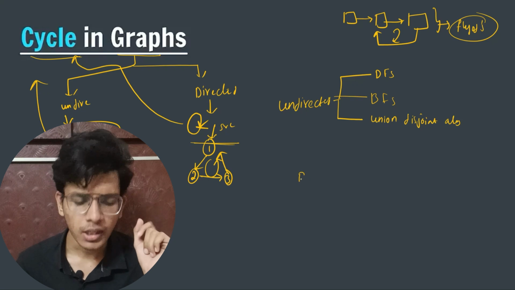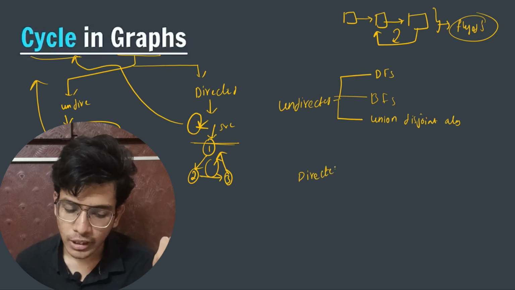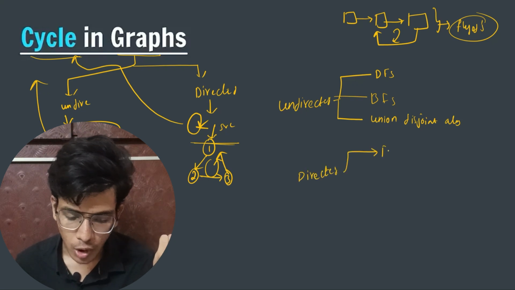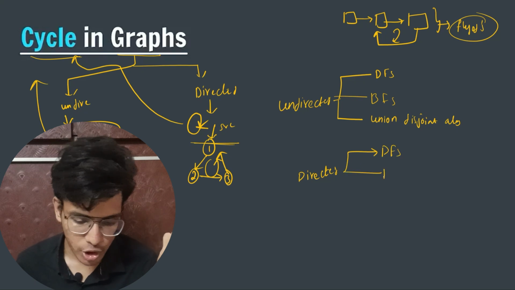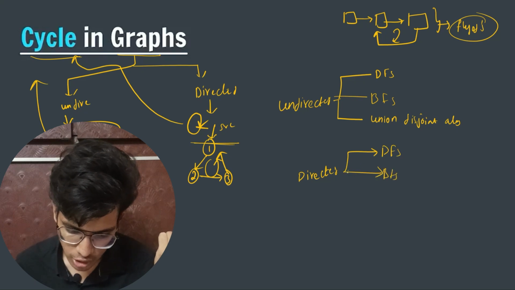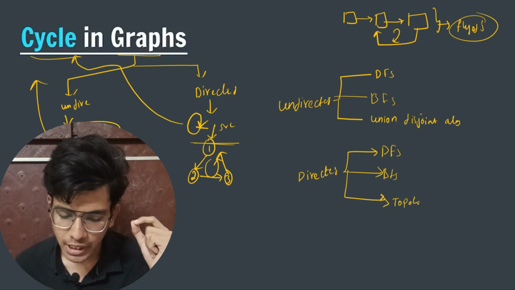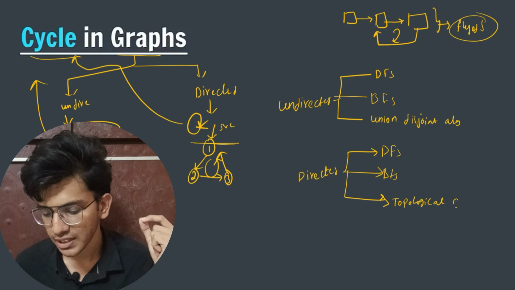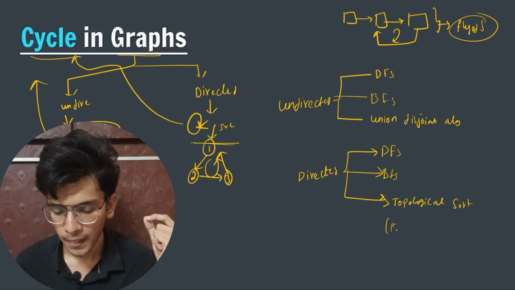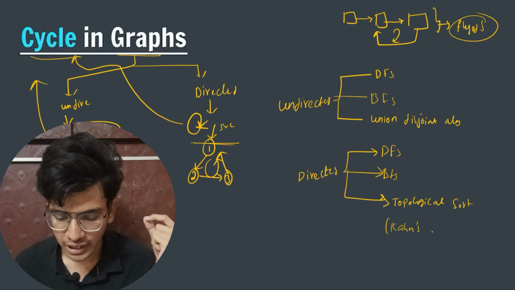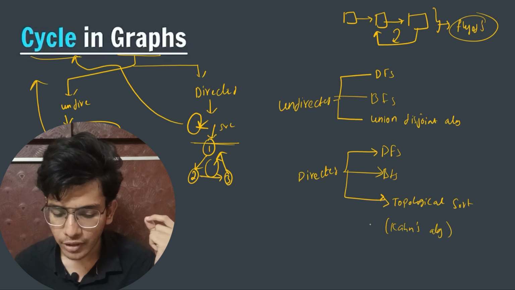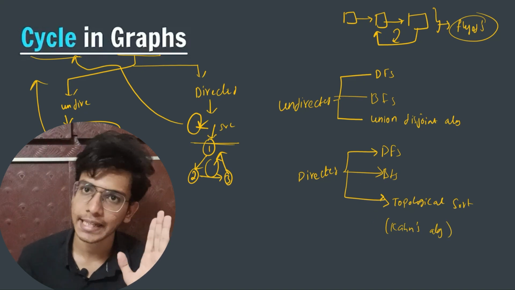Okay, and for a directed graph, to detect whether a cycle exists or not, we use depth first search, breadth first search, and there is an algorithm called topological sort, which is basically Kahn's algorithm, right? So by using Kahn's algorithm, we can detect whether a cycle exists or not in a directed graph.